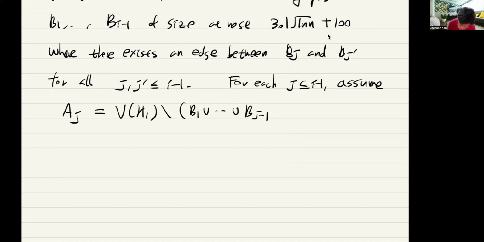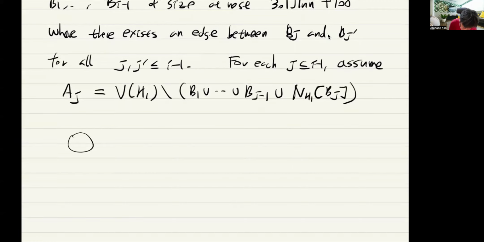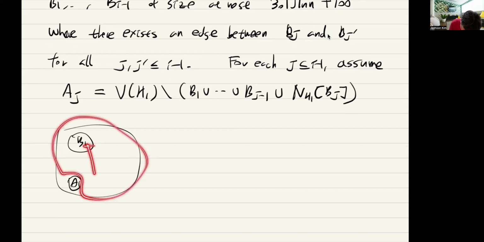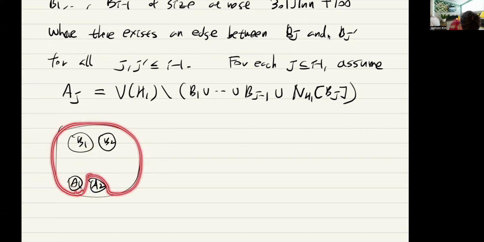You delete that, and then you take all the neighborhood of this Bj as well. So that's exactly, you have P1, and then you take the A1 so that everything else sends at least one edge to P1. And then you take P2, and then you take the A2 so that everything else sends an edge to B2.